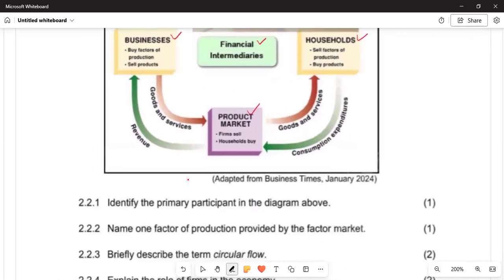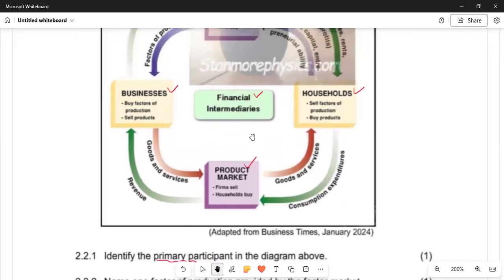The first question, 2.2.1, says identify the primary participant in the diagram above. So what is the primary participant in this diagram?